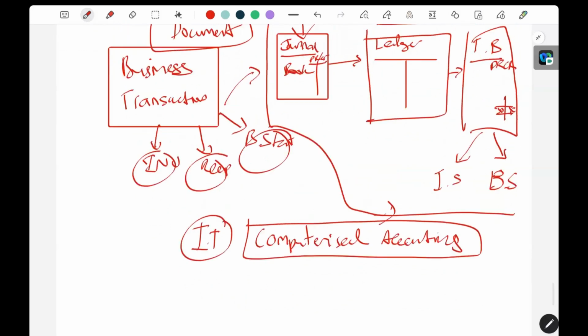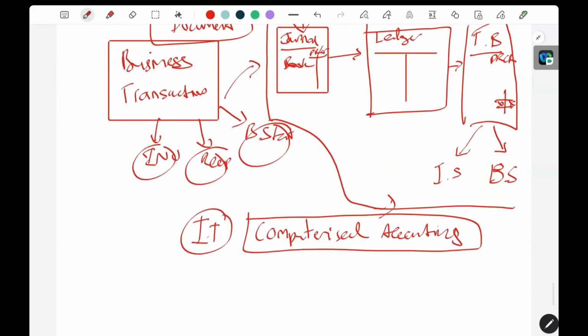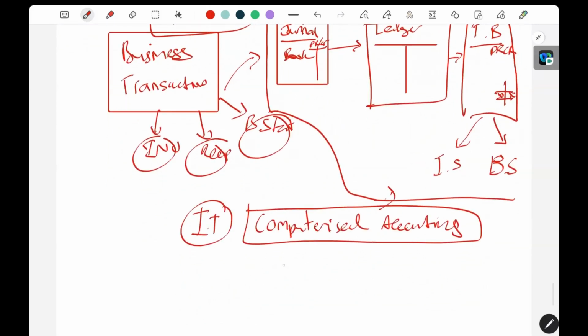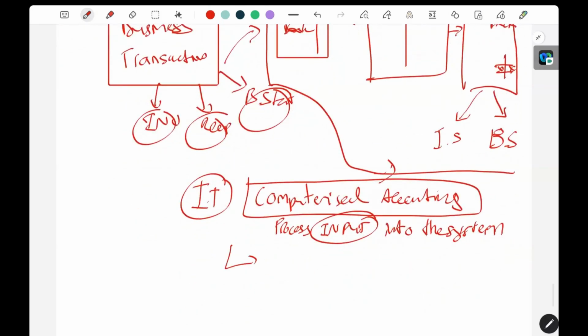With computerized accounting, you need to learn the process of how to input into the system. All right, then the process will be faster. What happened is it will be real time.